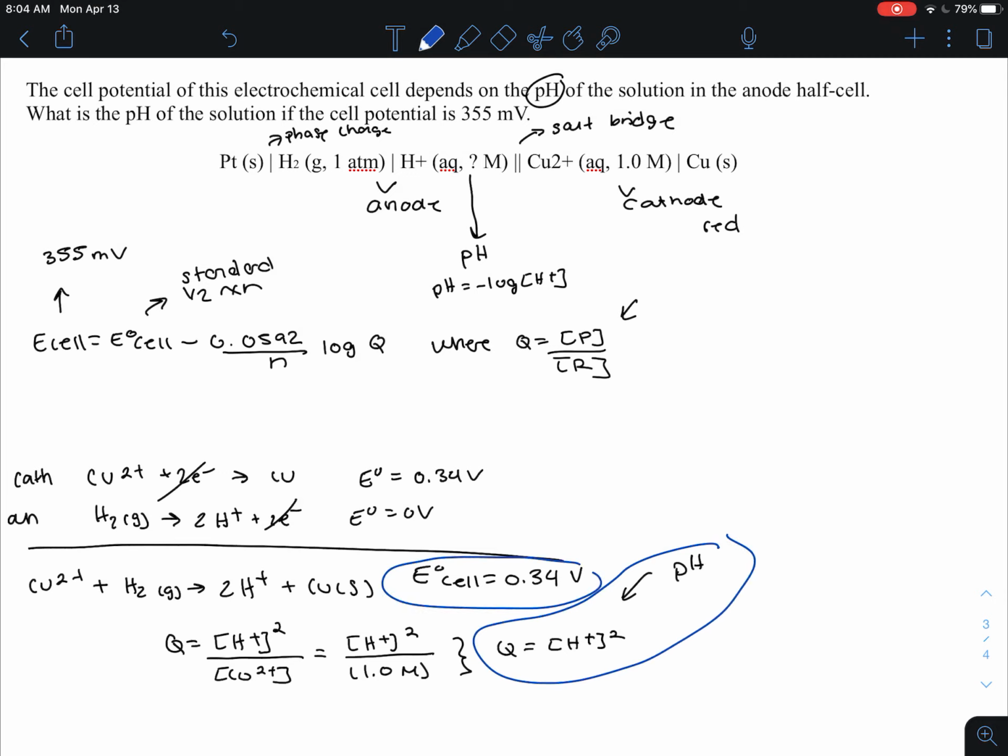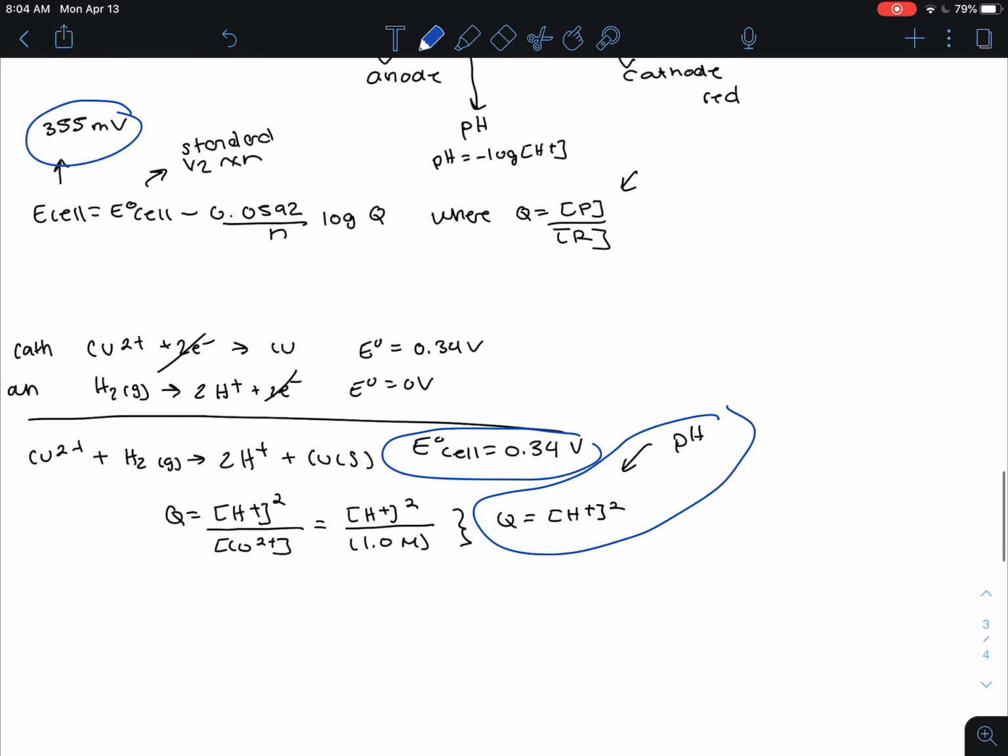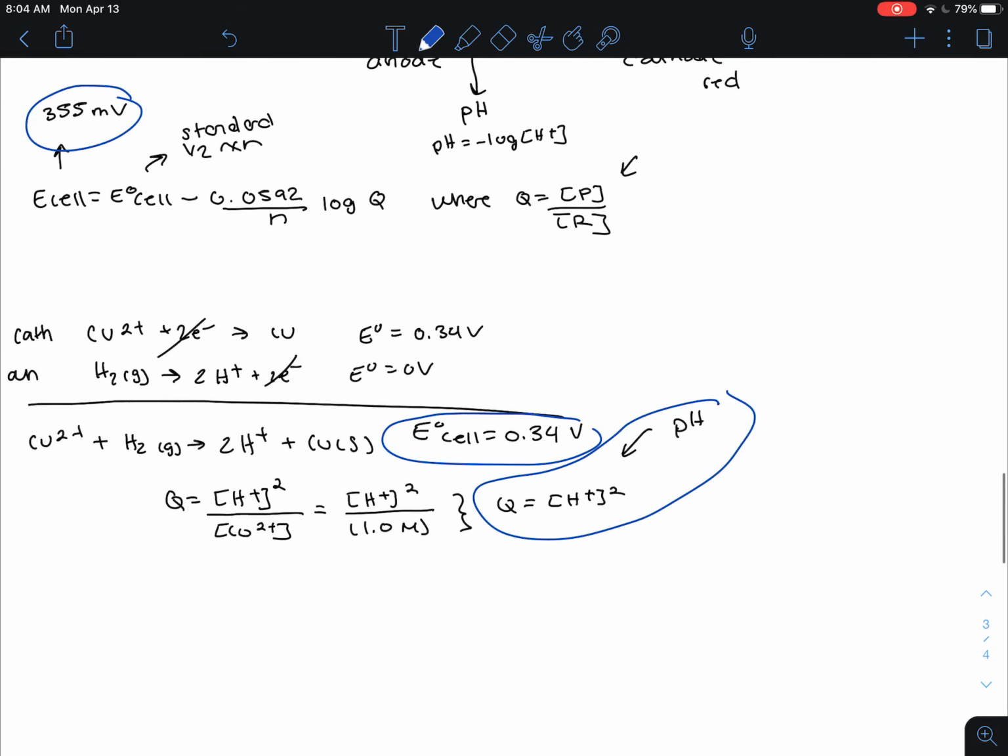Awesome. So let's kind of highlight what I need. So I have this piece of information, my Q, I have my cell potential, and I have my overall cell potential. So if I plug everything in, 355 millivolts would be 0.355 volts, right? Because there's 1,000 millis in a volt.